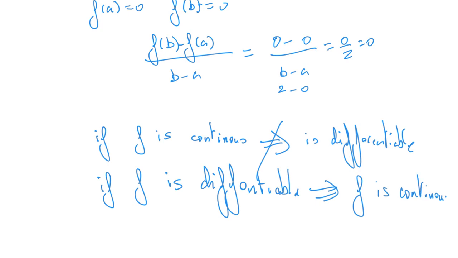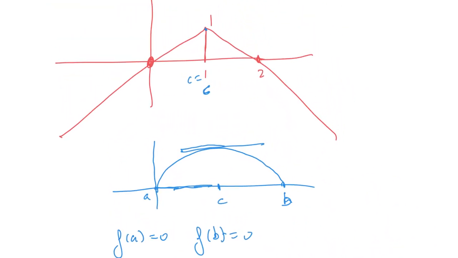This function is continuous, but it's not differentiable at x equal 1, because the slope on the left side of x equal 1 is positive, plus 1, and to the right of x equal 1, the slope is minus 1, and at x equal 1, the slope is undefined.